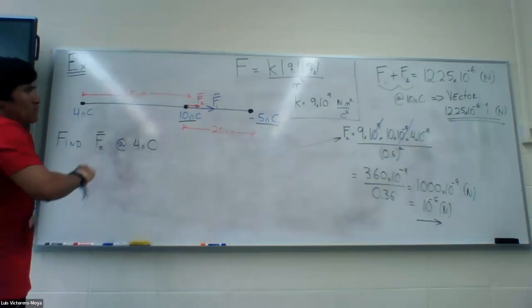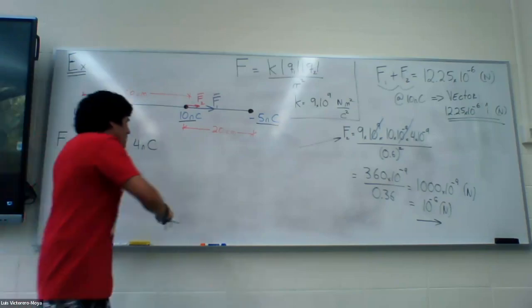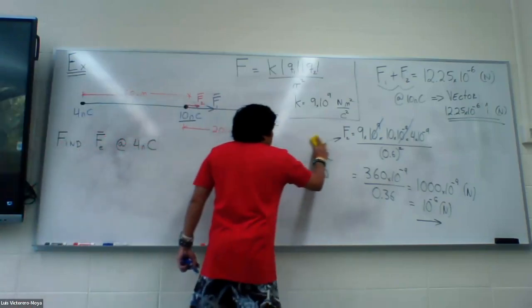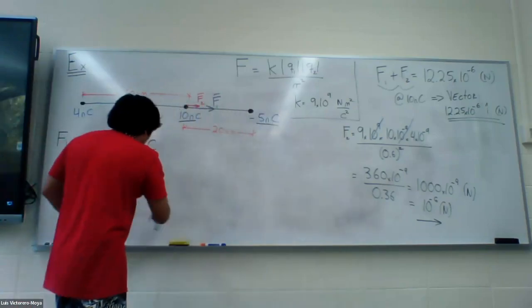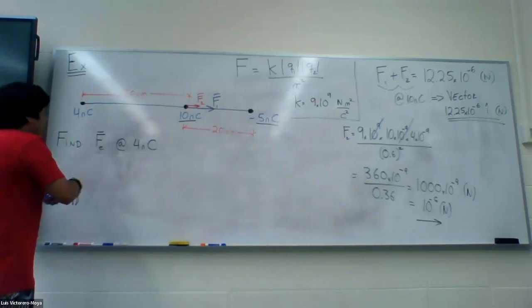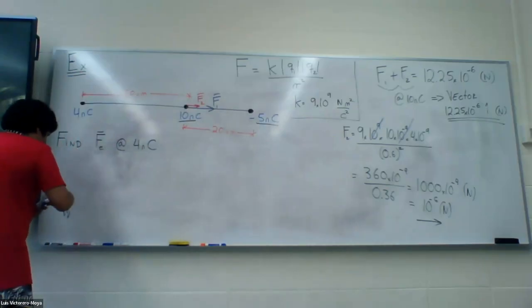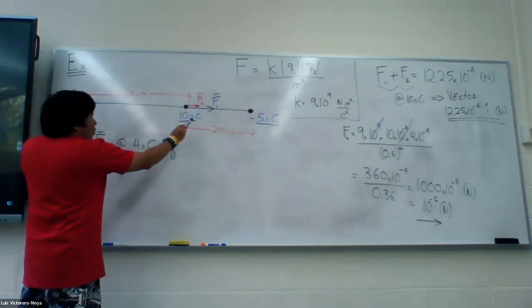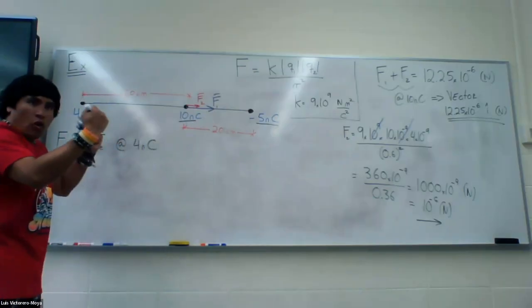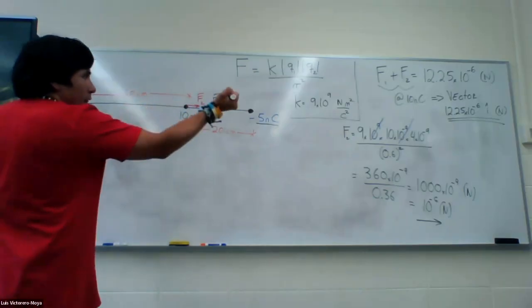The same equation, basically the same method, but we have to be careful with the directions. So between 4 and 10 nanocoulombs, since they are both positive, they repel.